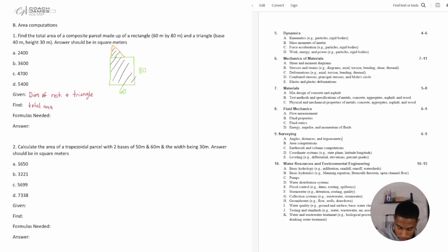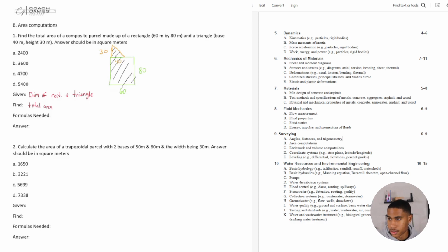Now remember this, the height is 30 and the base is 40. So I'll just write that in there. All right, how would we go about finding this area? What is the area of a triangle?